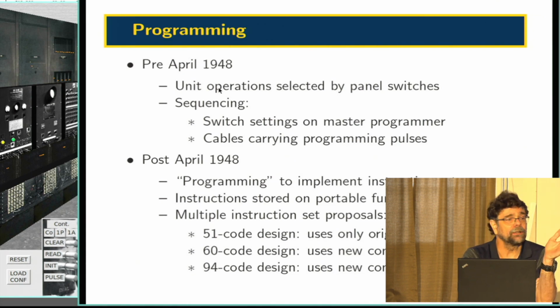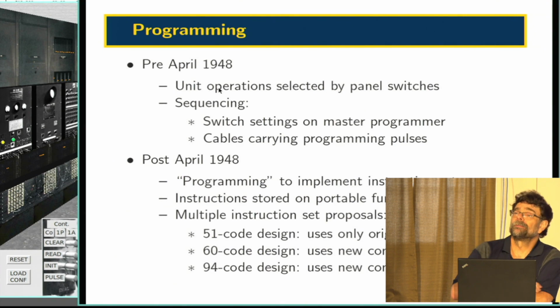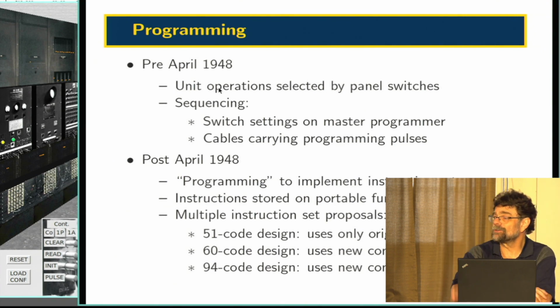And from early 1948 until its retirement in 1955, the bulk of its use was done in that way. And to do that, they read those constants, the instructions, off of the same function panels that would also hold things like logarithms or air resistance coefficients. And that's how it was done for most of its life.